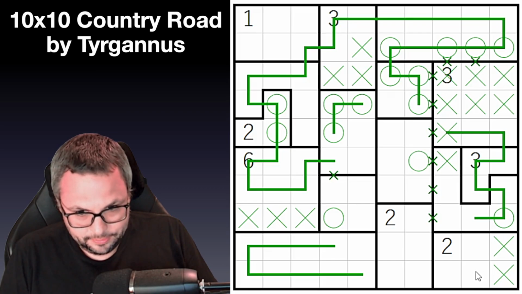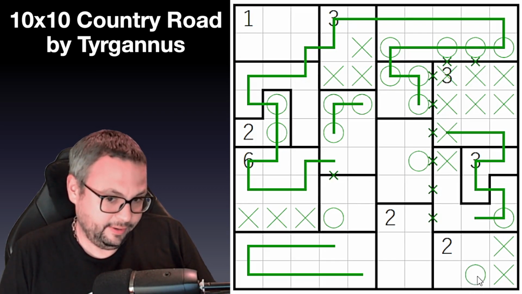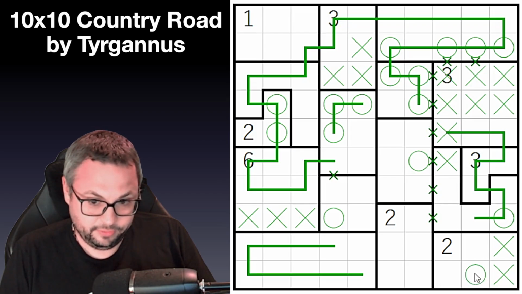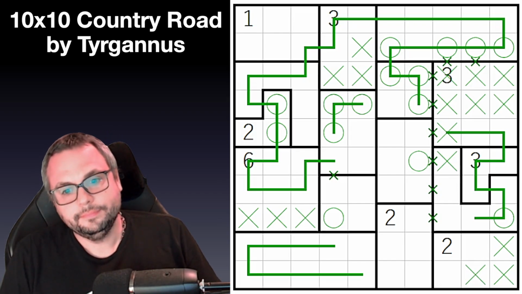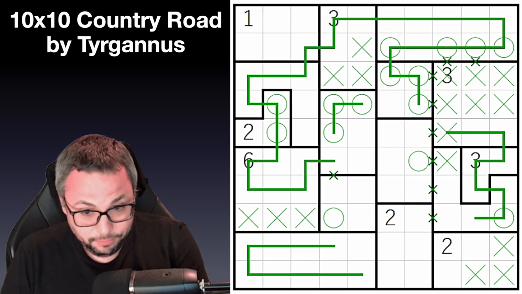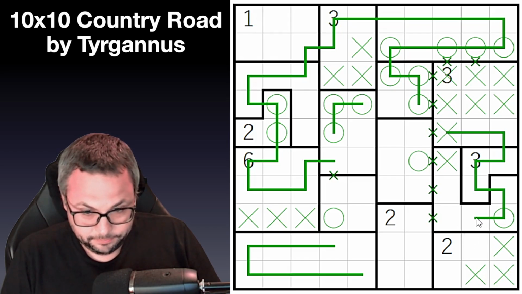Now, here, if I'm here, I immediately have visited 3 cells, right? Because if I'm here, this is a corner and I've already visited too many cells. So this is also out. So now we get a question.